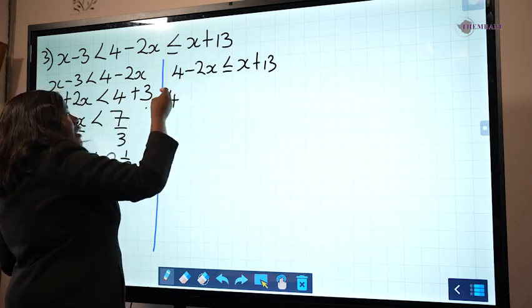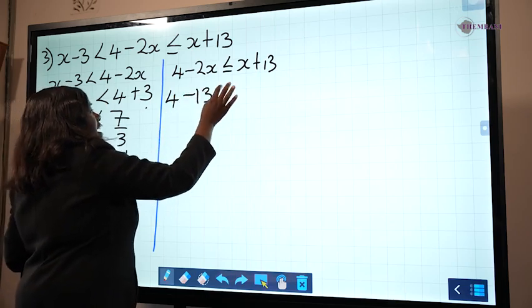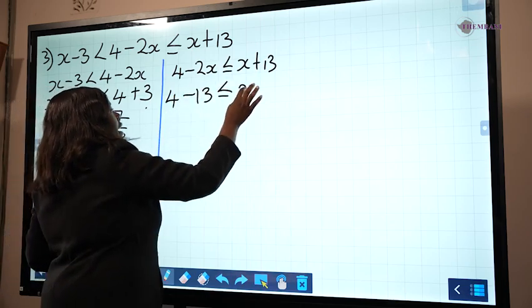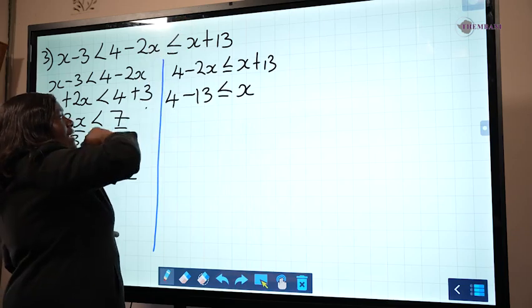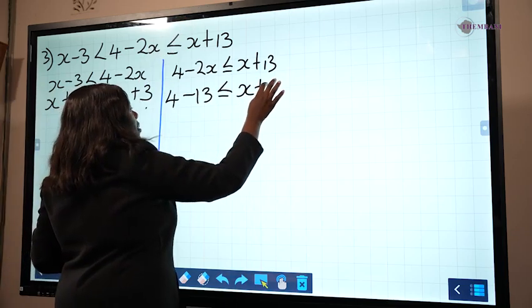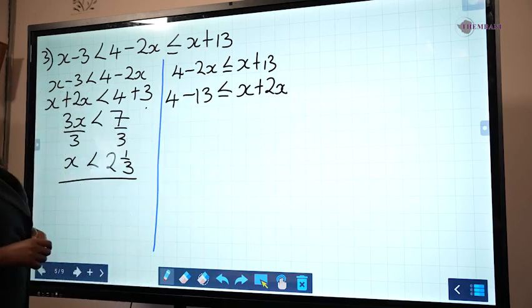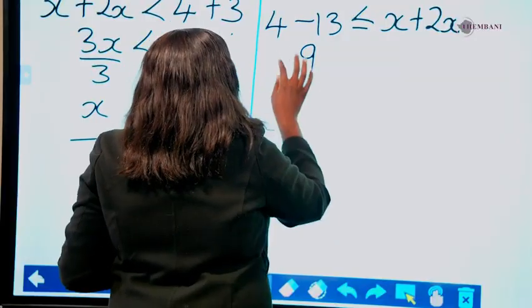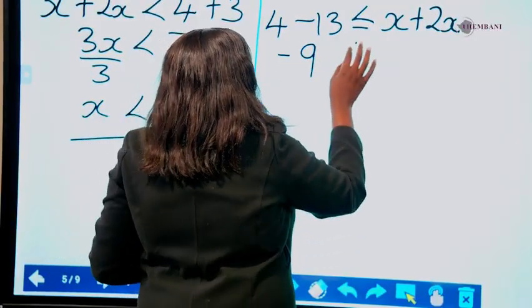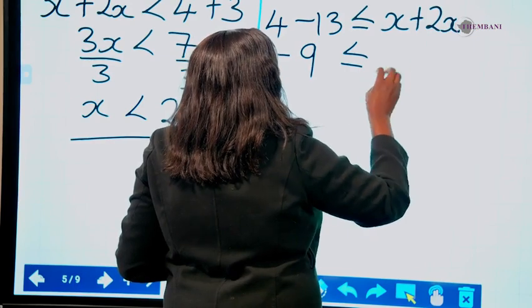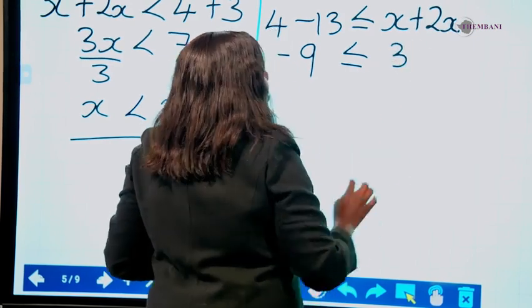If this crosses the inequality sign, it becomes a negative 13 less than or equal to x. If this 2 crosses the inequality sign, it's going to become positive 2x. So this negative 4 minus negative 13 is going to give me a negative 9. A negative 9 is less than or equal to, if I add this, I'm going to get a 3x.